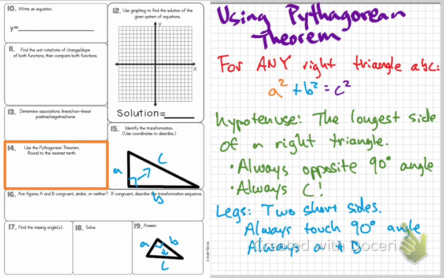I like to make the shortest side A and the middle side B, but because we're using addition, that means we can use the commutative property, and the order of those two don't actually matter. And here's one more example. I would look at C and realize that C is always going to be directly across from that 90-degree angle. That means A and B are my other two sides, and that helps you figure out which side is A, which side is B, and which side is C.